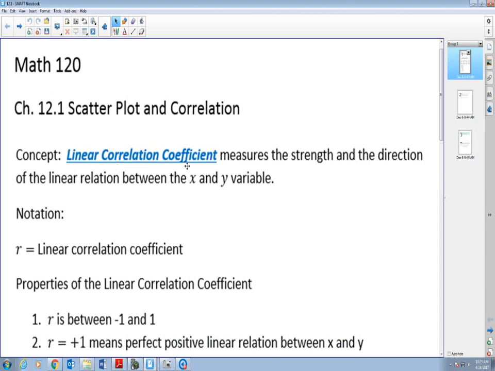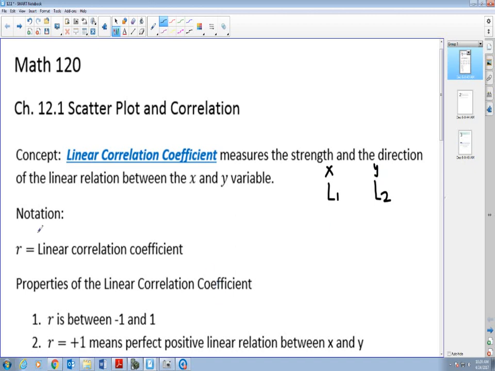Linear correlation coefficient is what we measure the strength and the direction of a linear relation between your x and the y variable. What I'm saying is, back in lecture video for chapter 3, we entered data on the L1 and L2, and I mentioned that L1 is your x variable, L2 can be your y variables.